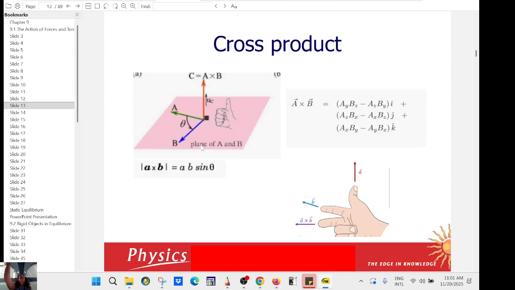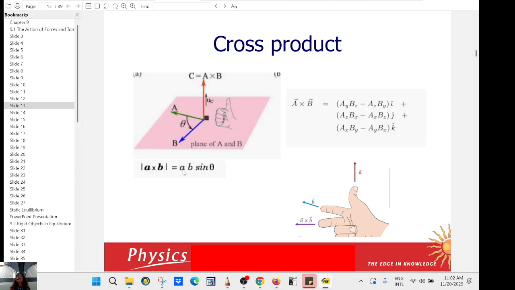You have different ways to torture your hand. If you are crossing vector A and vector B, you can take your right hand. You all have a right hand. That will be vector A, that will be vector B, and that will be vector C. The vector C is A cross B. So when you cross two vectors, you get a third vector.